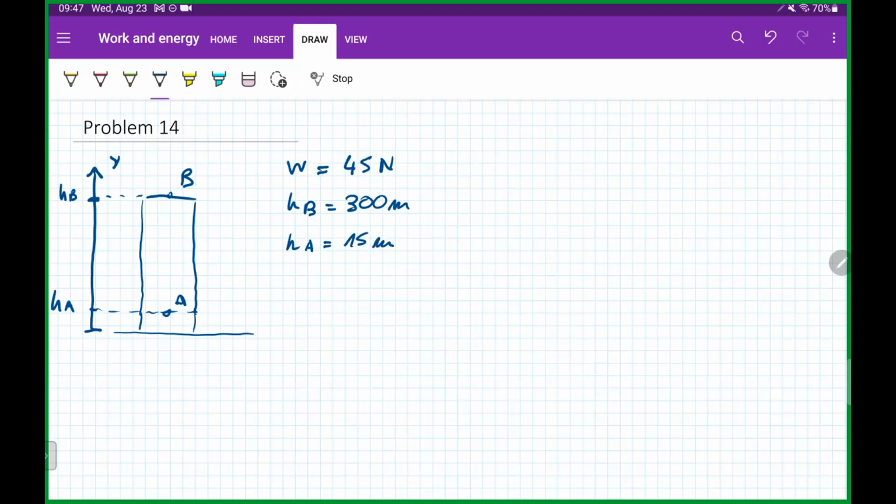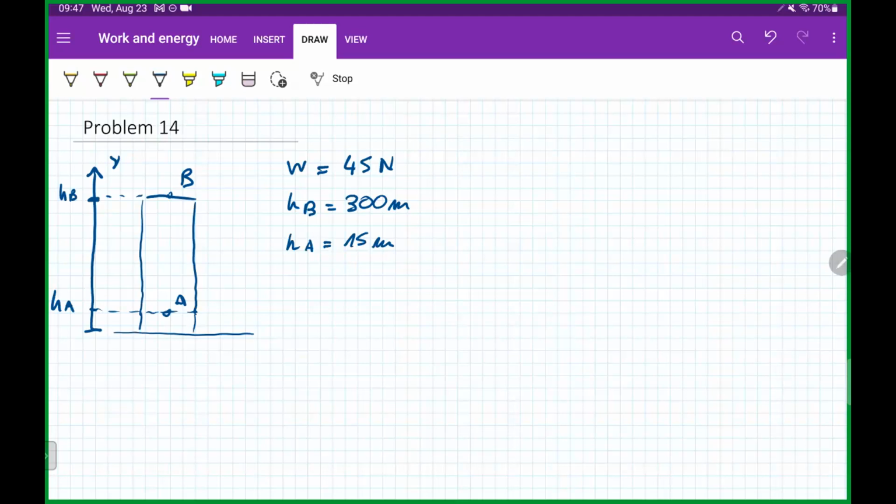Okay, and we need to calculate the speed, right? The terminal speed. I mean, this is a free fall, right? So we'll see another way to calculate the velocity without thinking about the equations of motion.